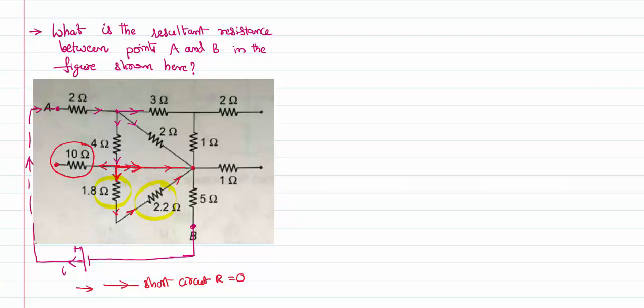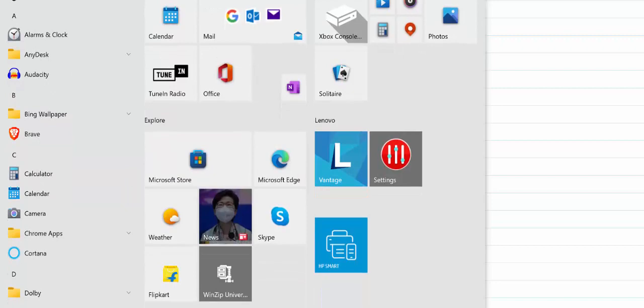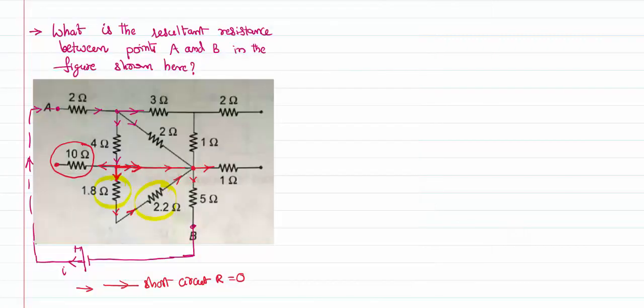Now imagine, current after coming to this point has to go through either this way or this way. The current that is traveling through this 1 ohm again reaches this point and there is no way that it can come back. That's also like an open element of the circuit. That means no current flows through this 1.5 ohms also.